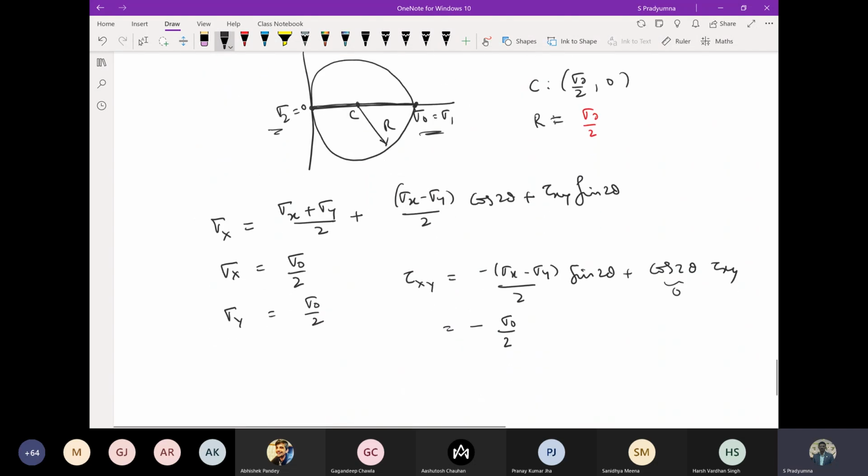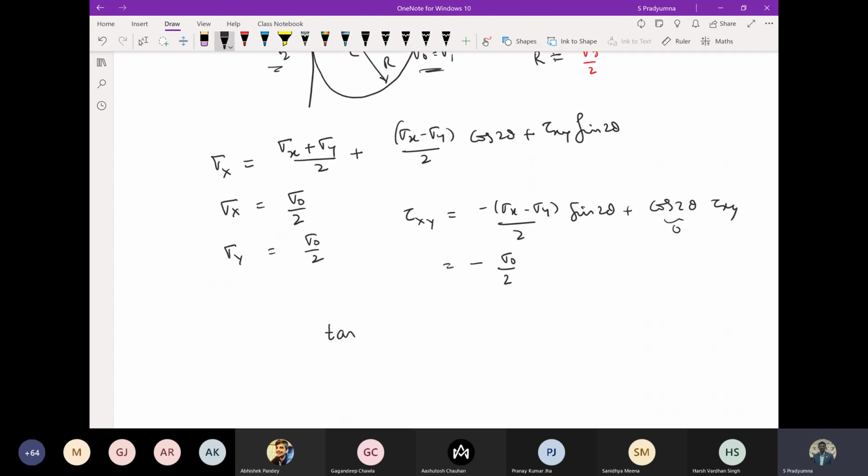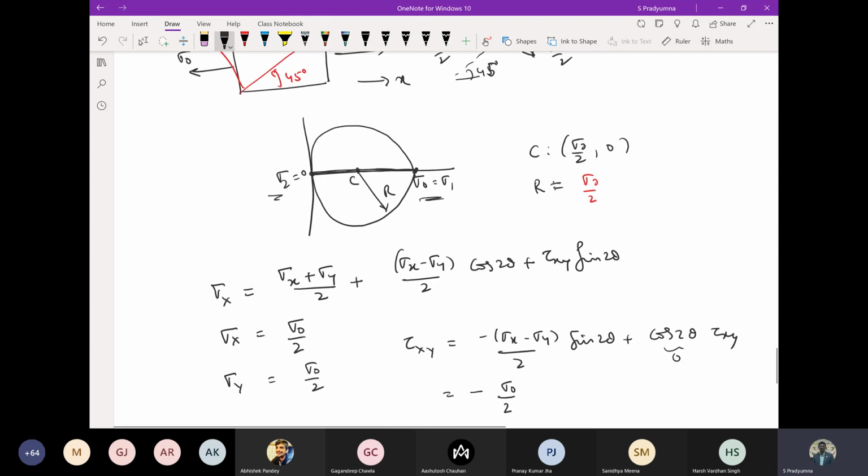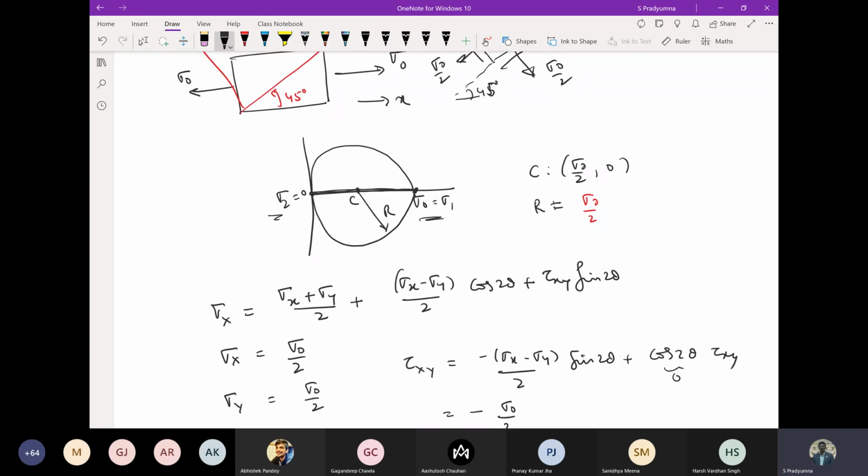For this I can say, what is tan 2 theta p? That is 2 tau xy divided by sigma x minus sigma y, which will be equal to 0. That means the principal directions are coinciding. Therefore, this line represents the given plane, the horizontal axis.